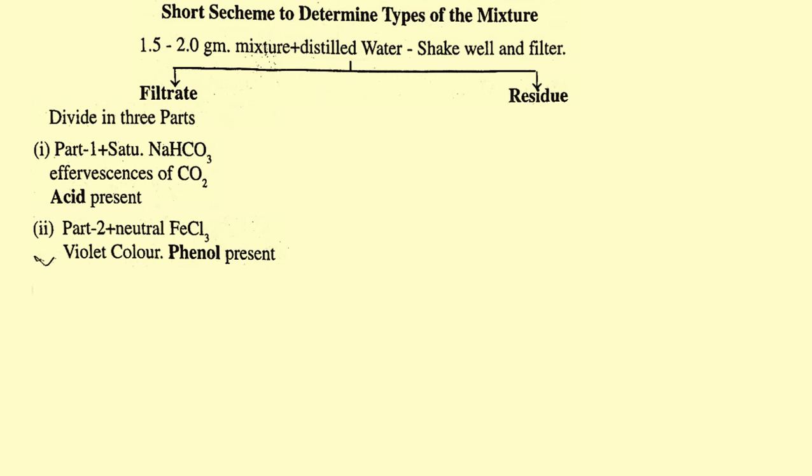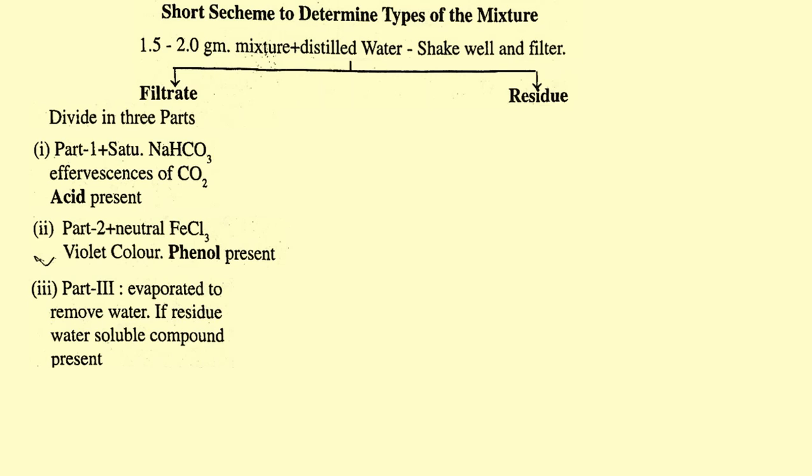Last, for the third part, evaporate to remove water in an evaporating dish. If residue is present in the evaporating dish, then we can consider that a water soluble compound is present. If tests 1 and 2 are both absent, then the soluble compound is neutral.